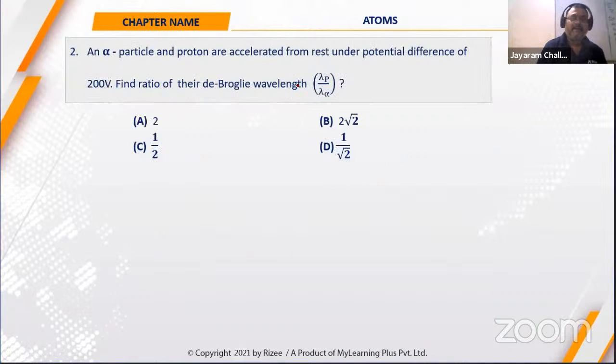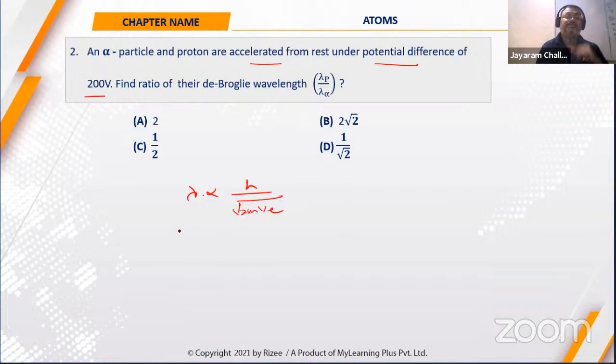Next one, an alpha particle and a proton are accelerated through the same potential difference. Again, here also he has asked the same potential difference. So lambda is equal to, you should be now adjusted to the formula of the potential, which is h by root over 2m into potential into charge. So from this one, lambda of the proton by lambda of the alpha is equal to, the h term will be cancelled.